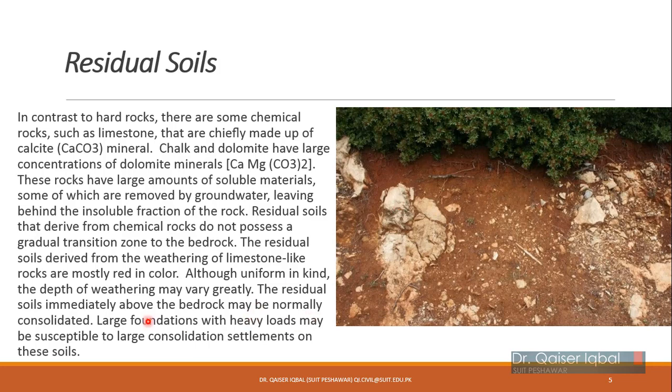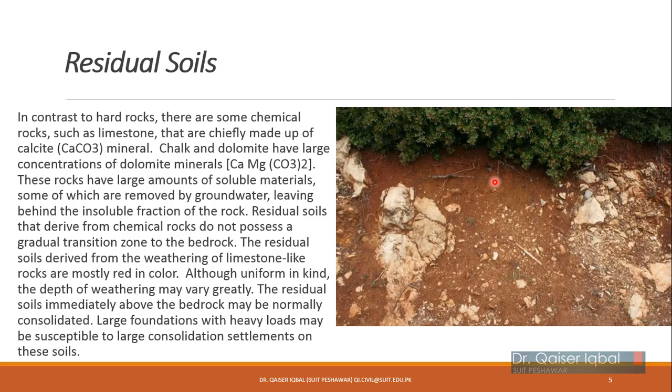So the residual soils immediately above the bedrock may be normally consolidated as well, because this soil has been formed by weathering of this rock, so it has not been deposited by water or glacial movement. So this soil will usually be normally consolidated, which basically means that it will not be compacted very well.